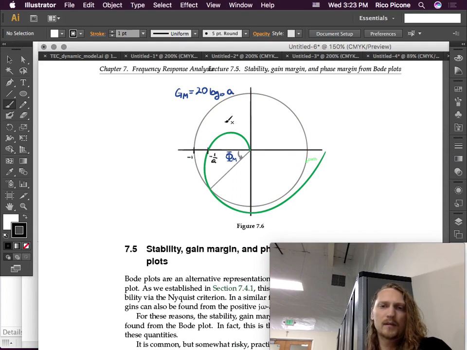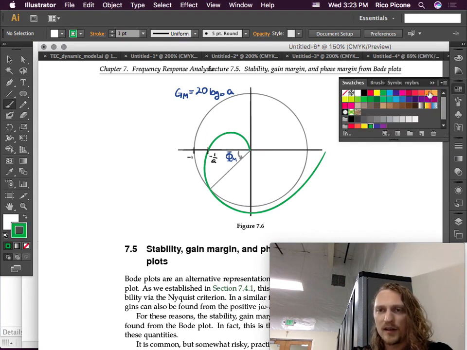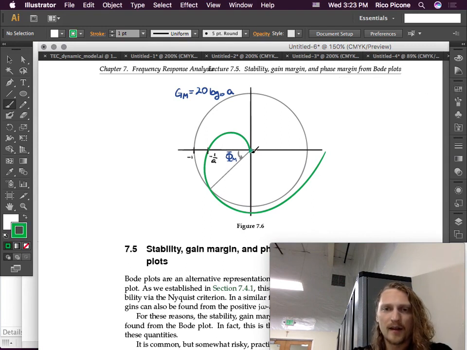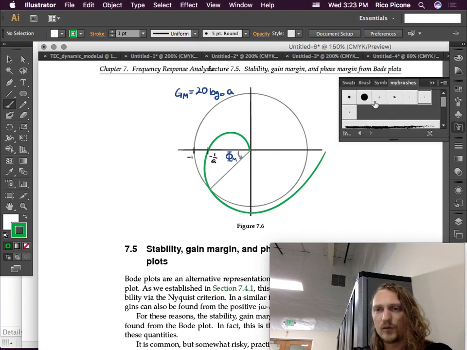And this figure shows the positive j omega axis mapping here. And we know that there would be a symmetric mirroring of that if we were to fill in the other side, right?